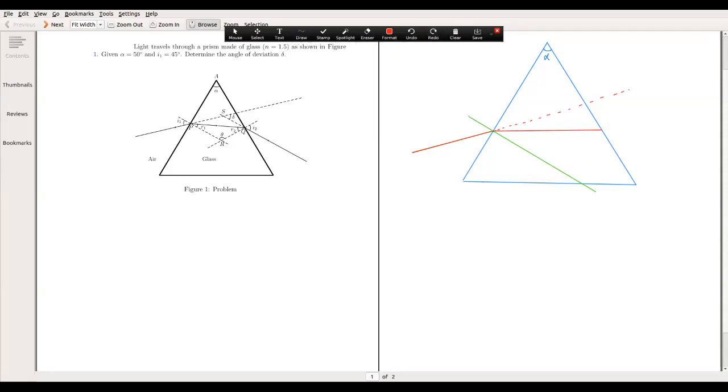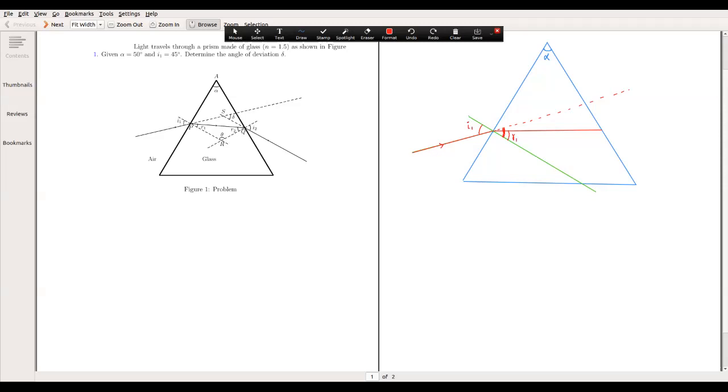So my incident ray comes at an angle of incidence I1, which is given to be 45 degrees. And after refraction, it is no more I1. I1 is this angle here. That's my I1, but it reduces, and that's called R1.